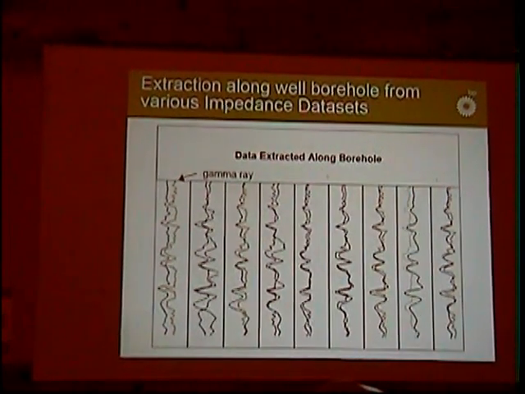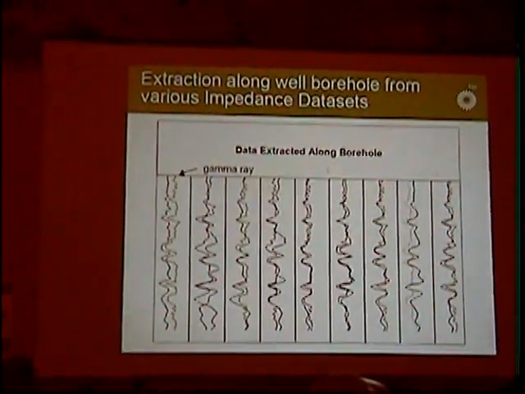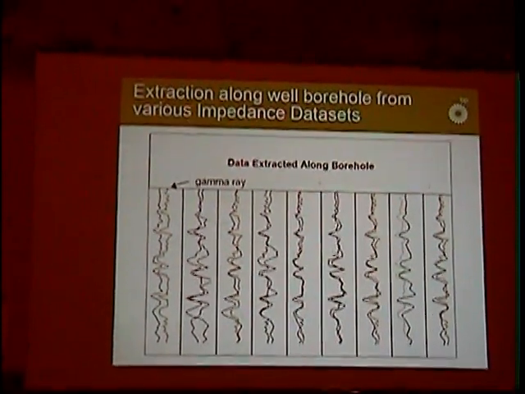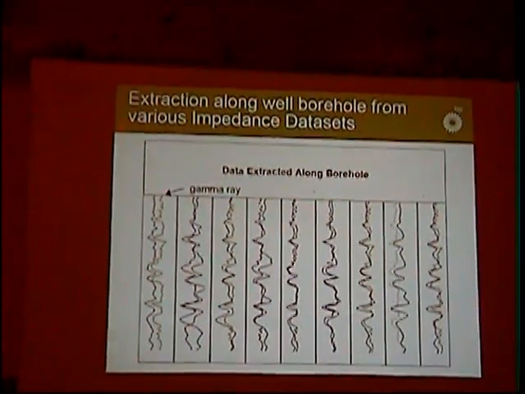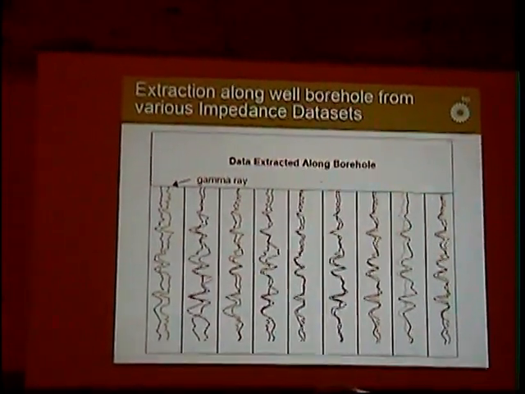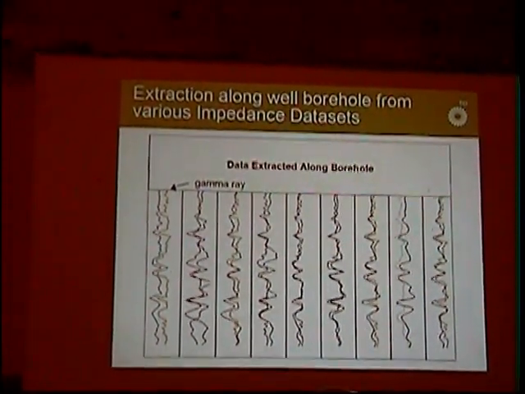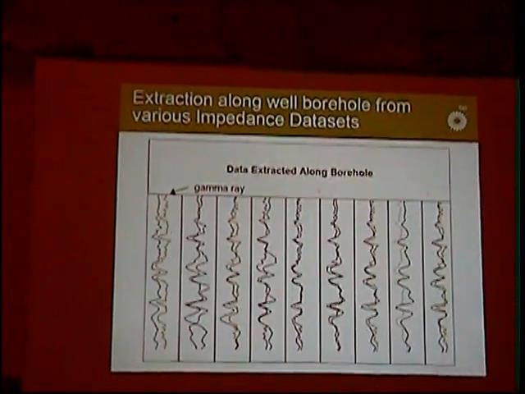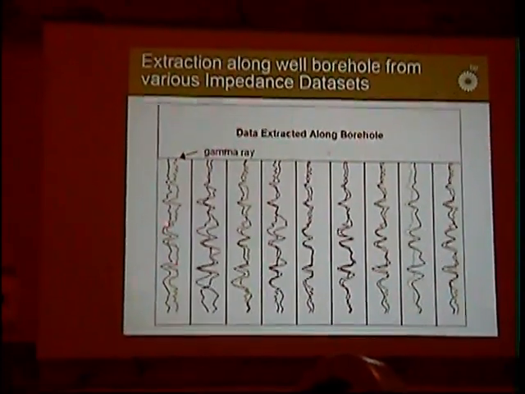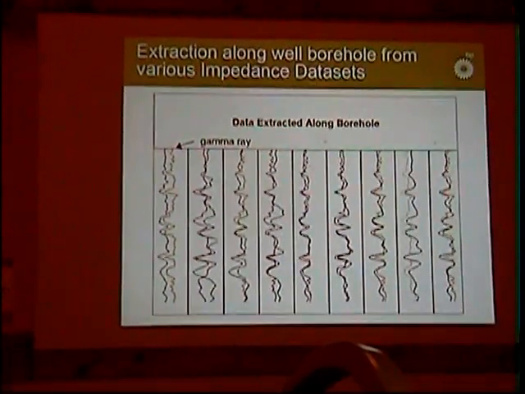And this is just a QC check that I do when I generate a lot of these volumes and make correlations and whatnot. So these are just a range of different impedance data sets I generated from seismic data, and I extracted these traces from around the borehole, and I'm just trying to see which one is correlating best with gamma ray.